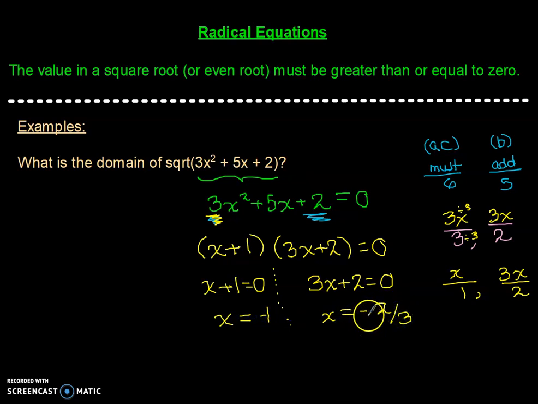So most of the time, this is just when you stop, there's your domain, but remember you're dealing with the square root. So what we're going to do is use these on a number line as I call them marker points. So negative 2 over 3, if you change it into decimal form, it's about negative 0.66667, so we'll just go like that.